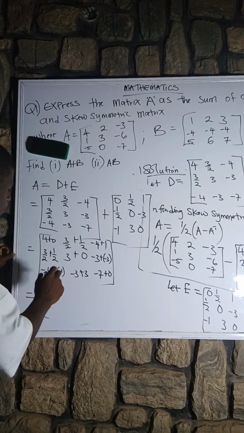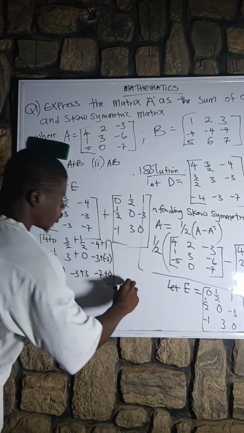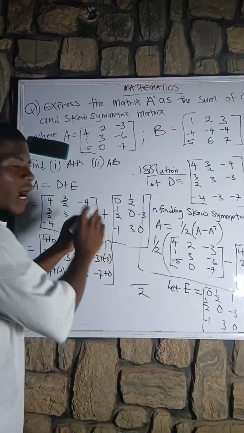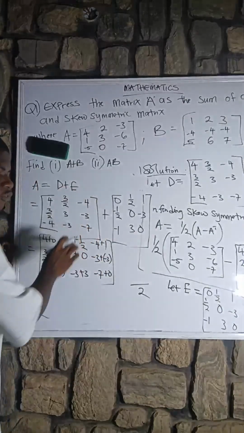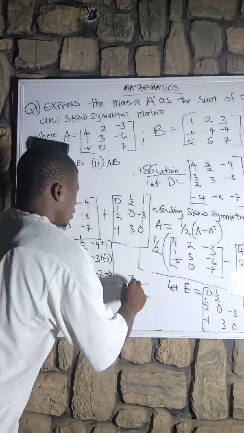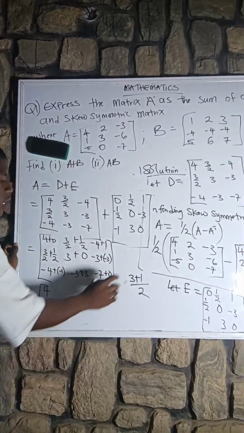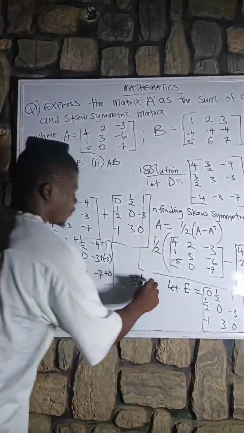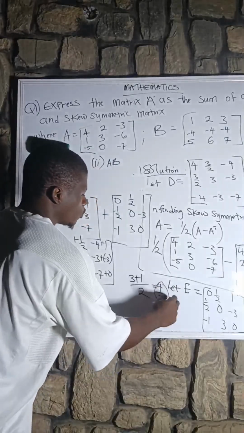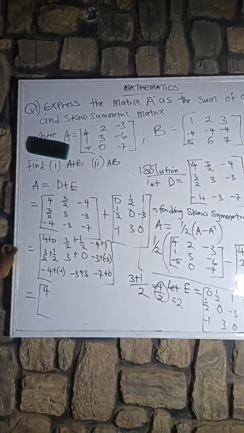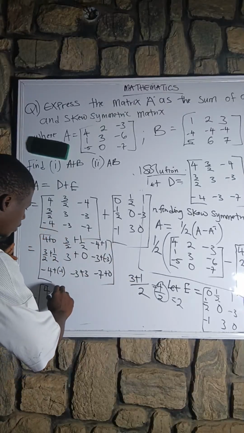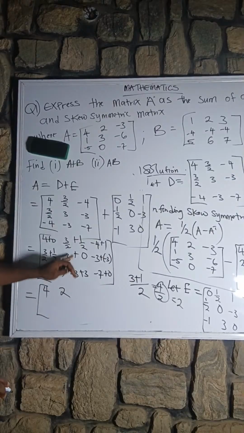So we are going to pick one denominator, which is 2, and then we add the numerators. The numerator here is 3 and 1. 3 plus 1 will give us 4, and then 4 divided by 2 will give us 2. So we put 2 here.